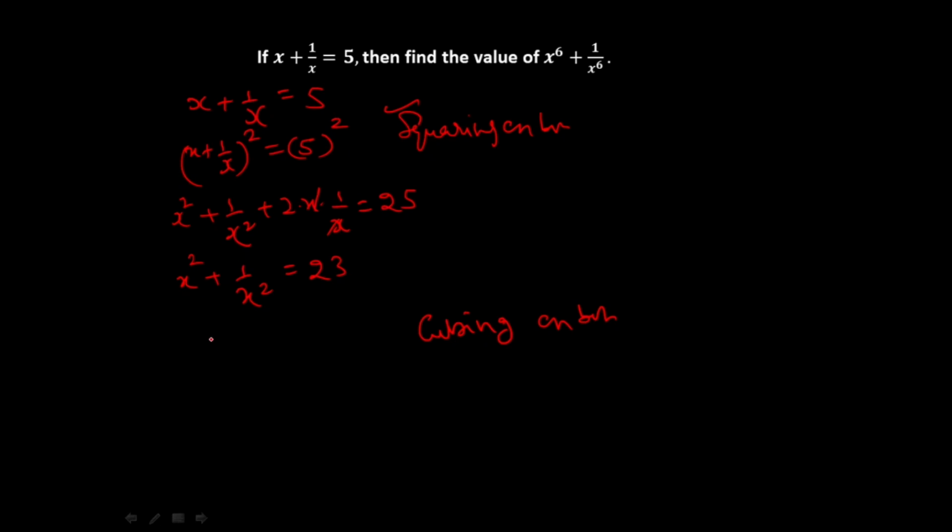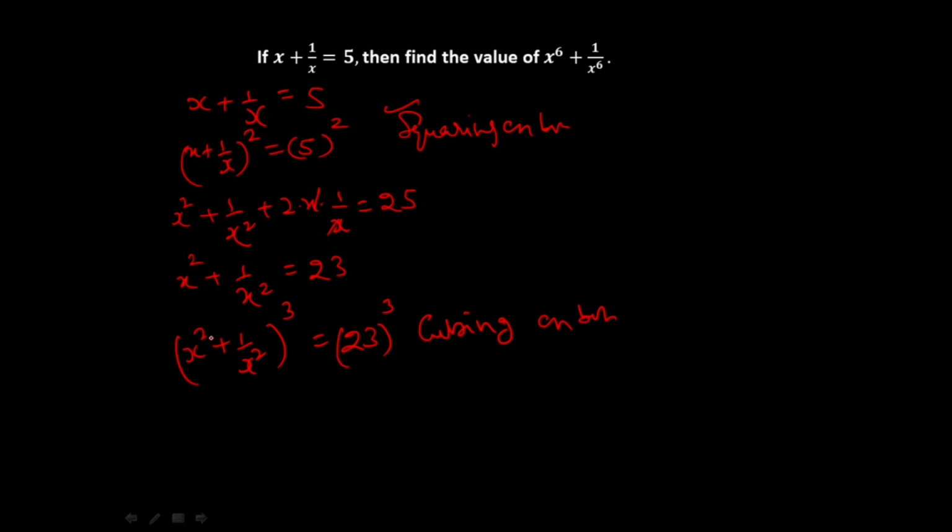Next, cube on both sides. If you take cube on both sides, what will happen? (x square plus 1 over x square) whole cube equals 23 whole cube. Now again the formula.